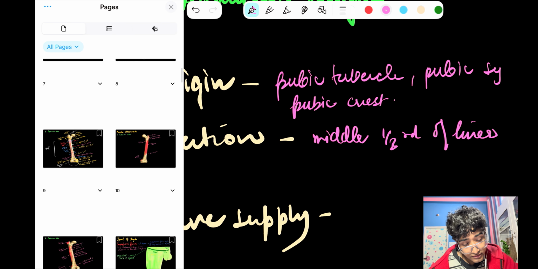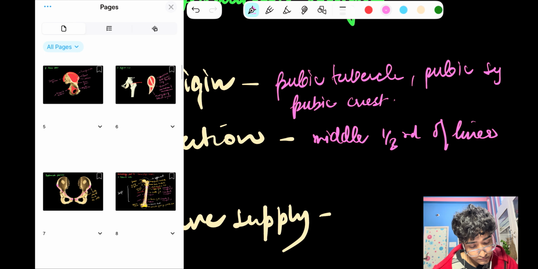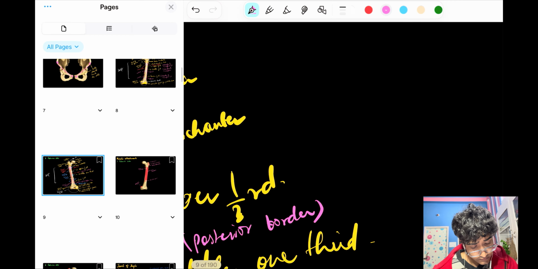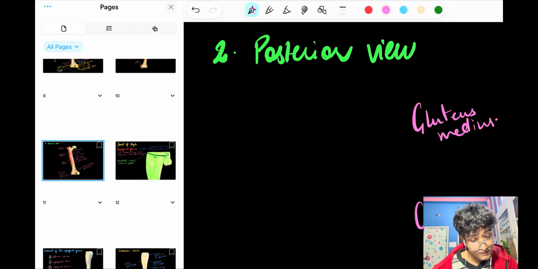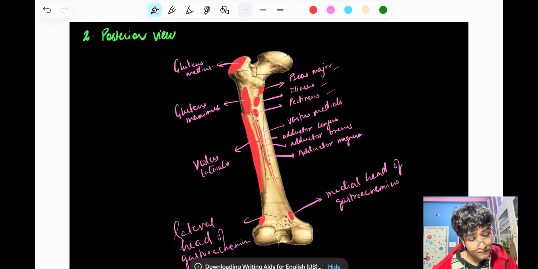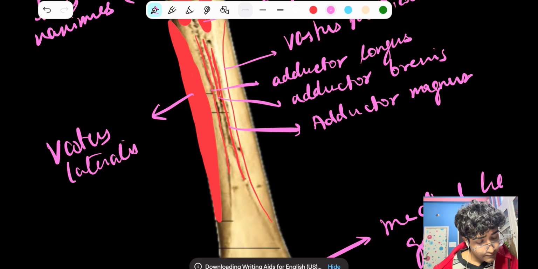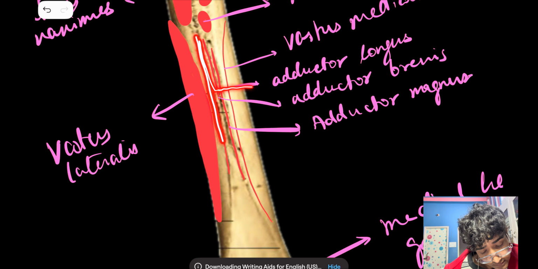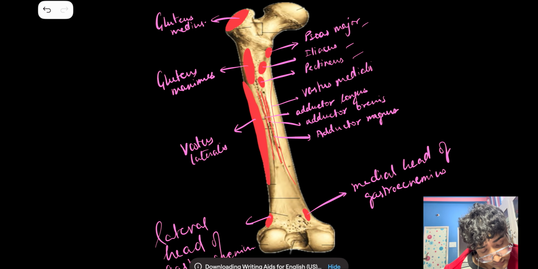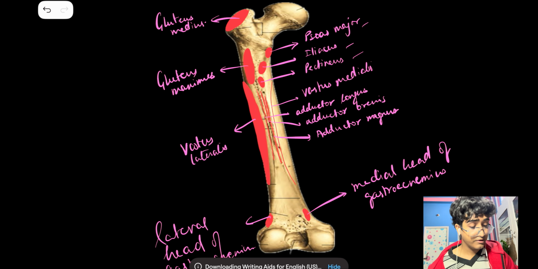If you want to look back at the picture, see this: the adductor longus inserts on the middle third of the femur, the linea aspera.